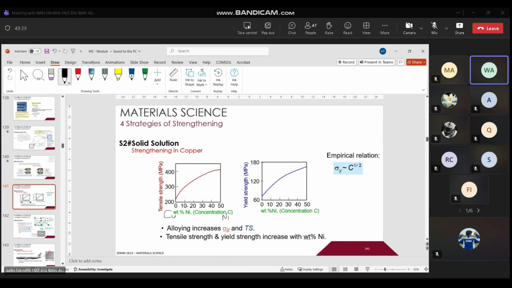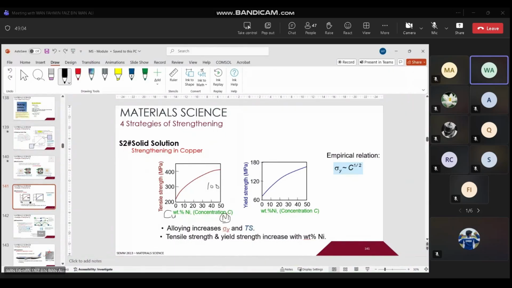Okay, so it means that at this point you have 100% copper. The way that we read this, 0 to 50% refers to the percentage of nickel. So remember, the combination of copper and nickel is always 100%.